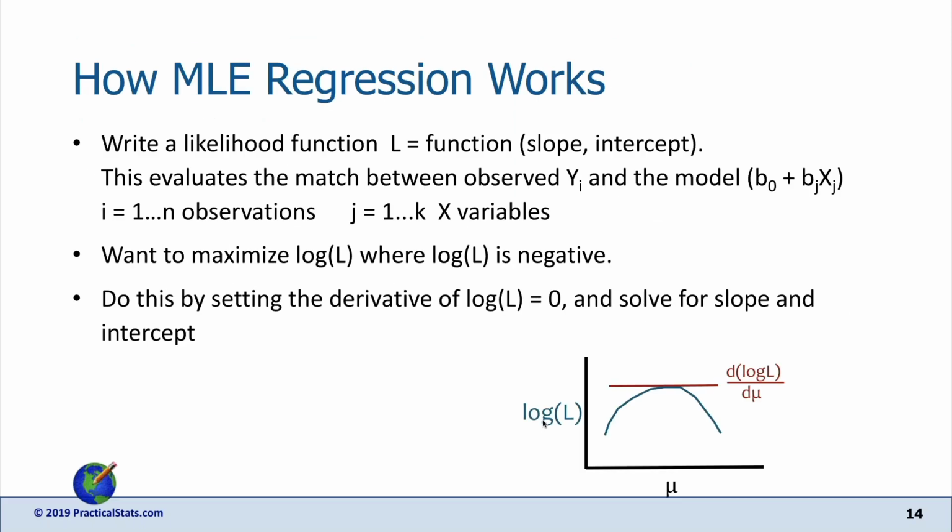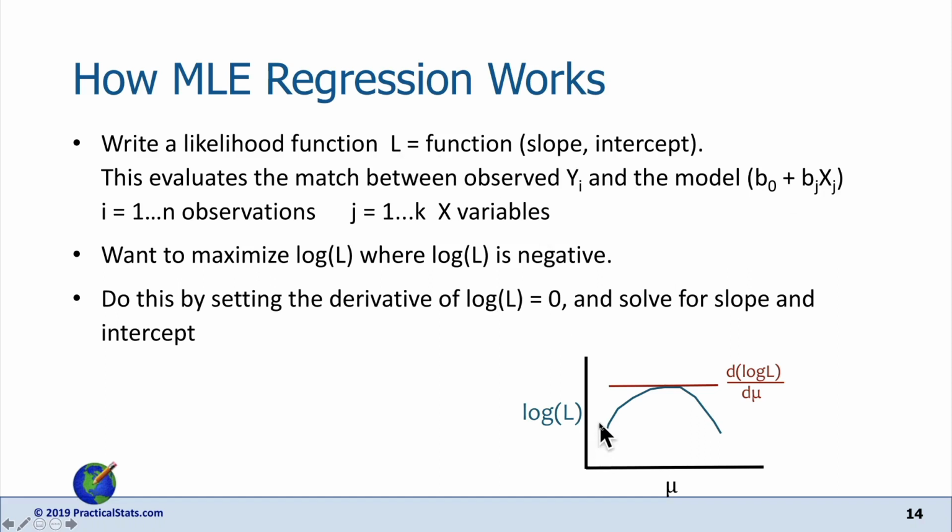And so this is an optimization procedure with maximum likelihood. It's going to compute this thing called a likelihood function L, which is just a measure really of the mismatch, the error between Y, the observed data, and then the model, the B0 plus B1 times X. And so it's going to do that for a variety of intercepts and slopes plugged in and see which ones have the best L. And this L is going to be a negative number.